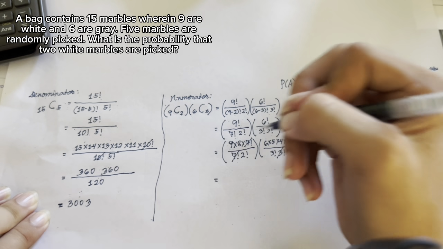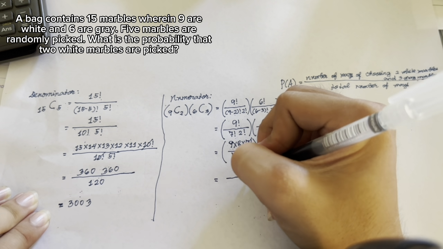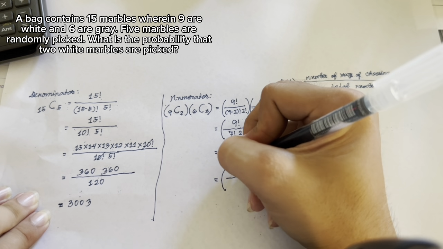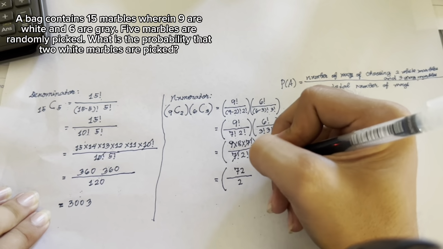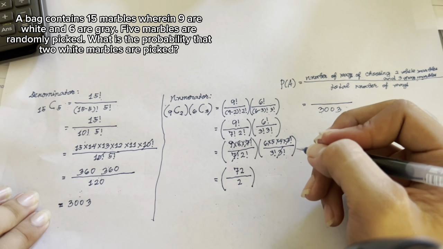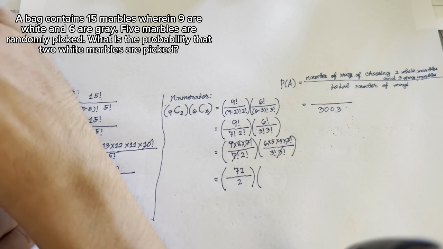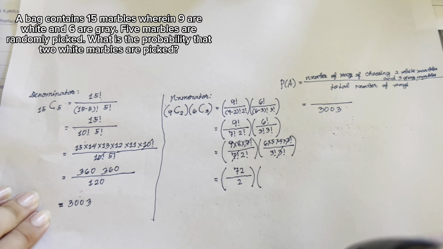9 times 8 is equal to 72. Then, 2 factorial is equal to 2. 6 times 5 is 30 times 4, 120.